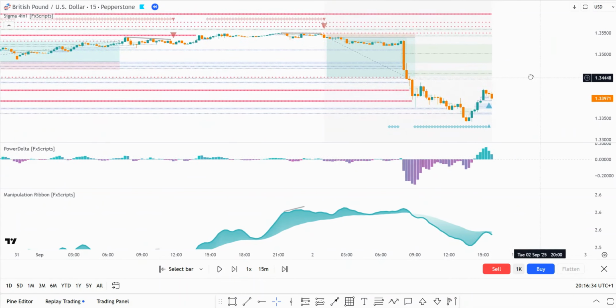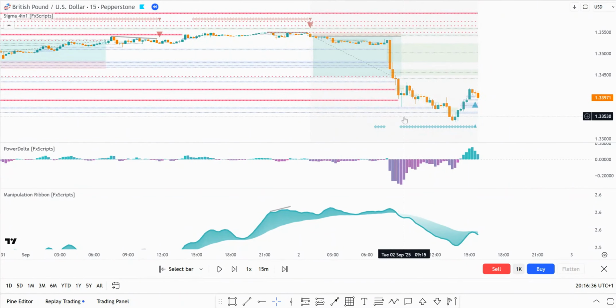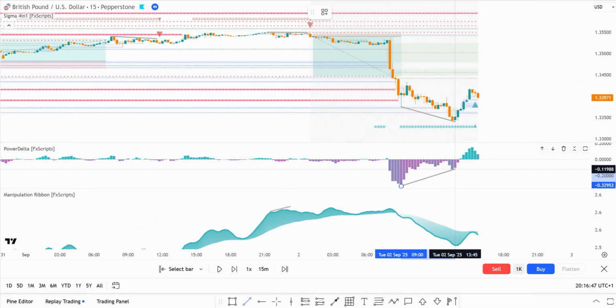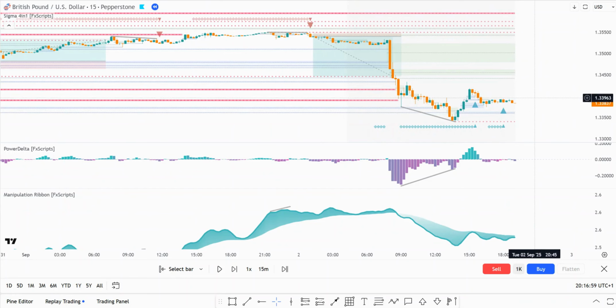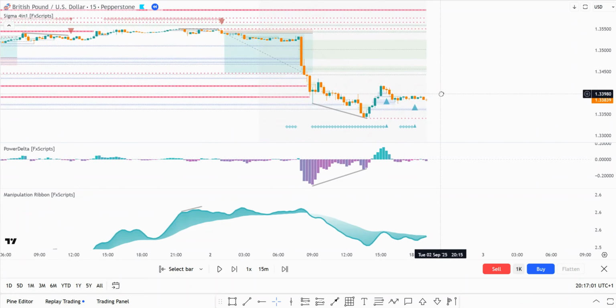Trade to the upside. Now, there's been a huge divergence. Let's see what happens. Another signal. Another reversal print signal.